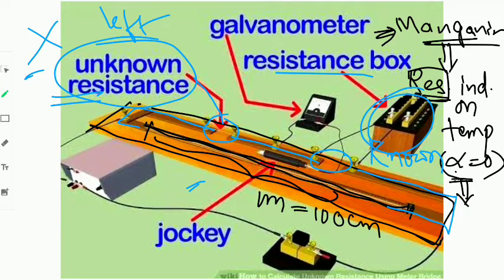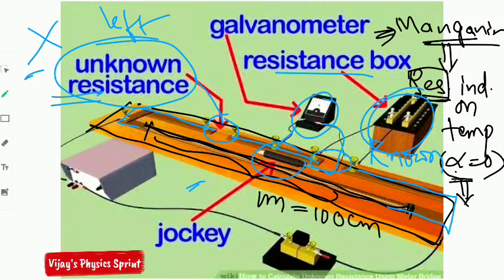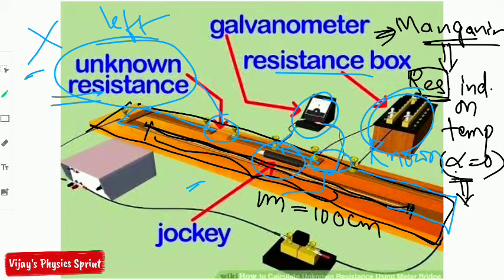From the middle, a galvanometer to detect the current in the circuit is connected to the jockey J. The jockey is used to determine the null point. Null point means when the current through the galvanometer is 0; the corresponding length is called the balanced length L1. The total length is 100 centimeter.